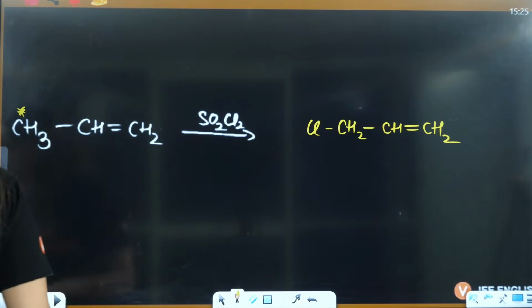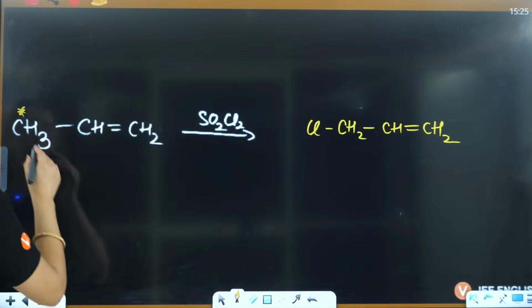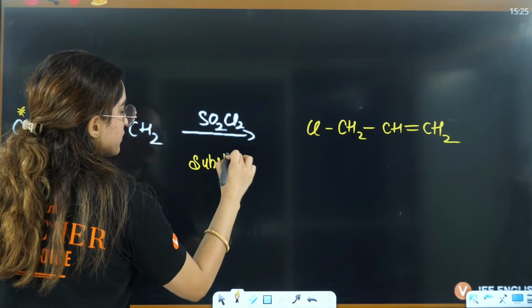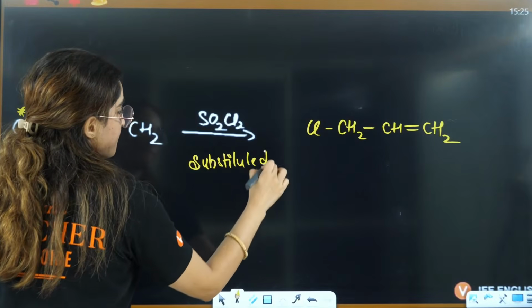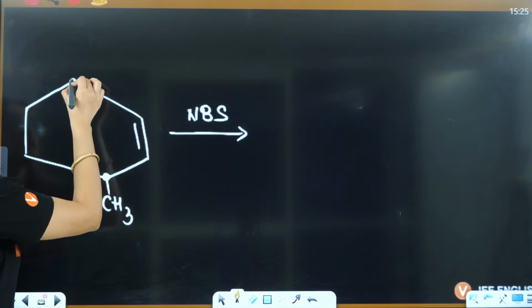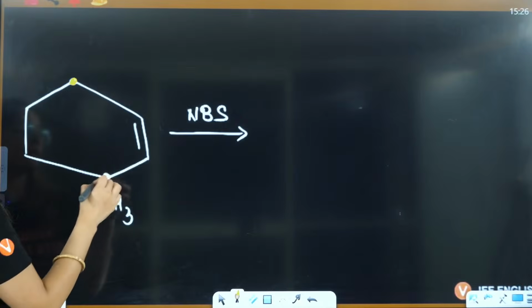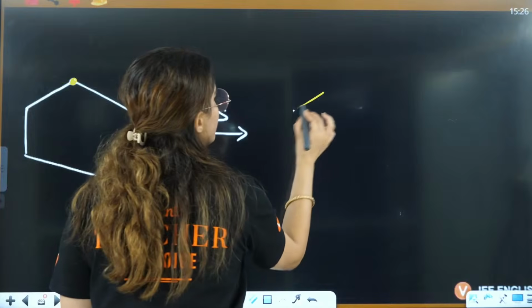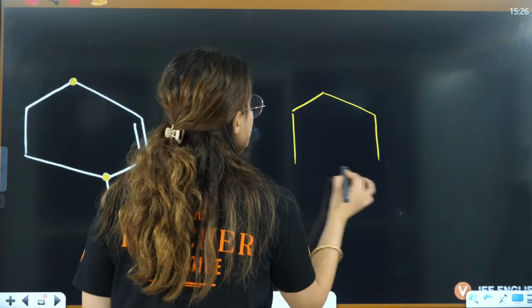Yes, the allylic position will be substituted here. Now in this case what will happen? This is also allylic, this is also allylic. So when you have these kind of cases, the more substituted allylic is preferred.